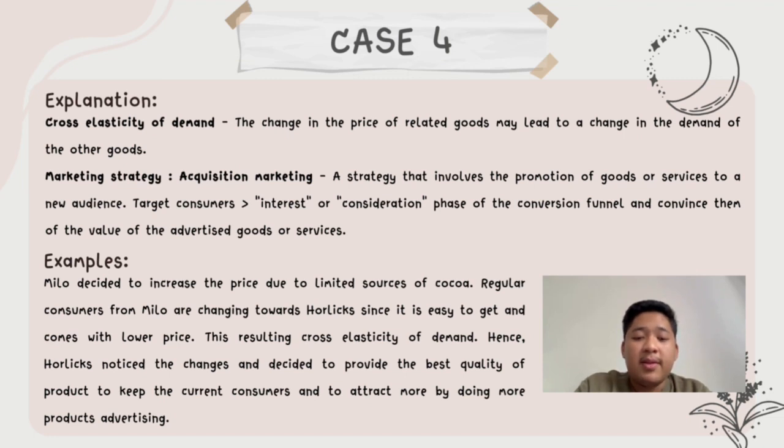From my understanding of cross elasticity of demand, this is because when tea prices increase, buyers want to buy items that are cheaper, and the close substitute for tea is coffee, and this is the reason why the coffee demand is higher. Thank you. That's all for me.